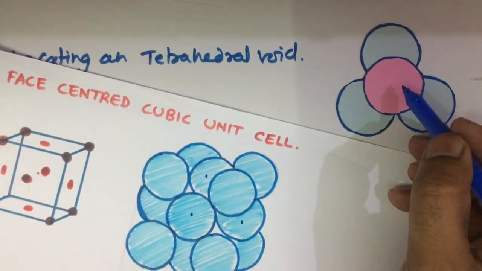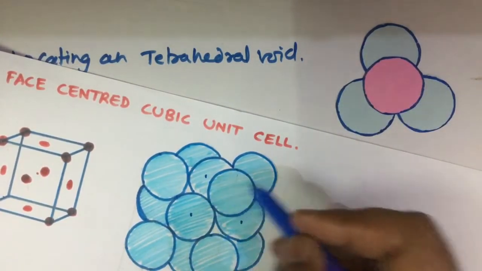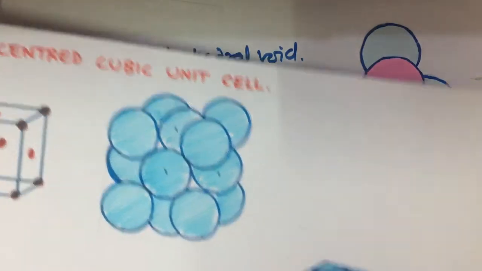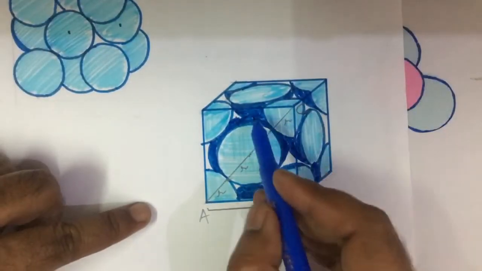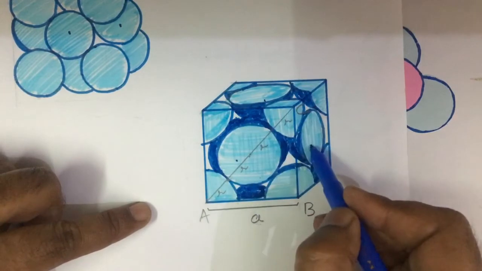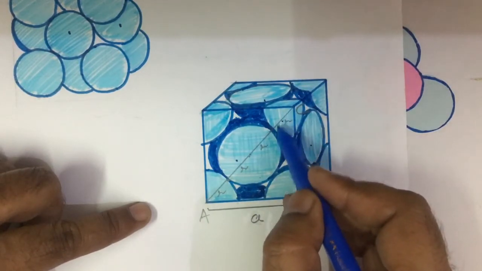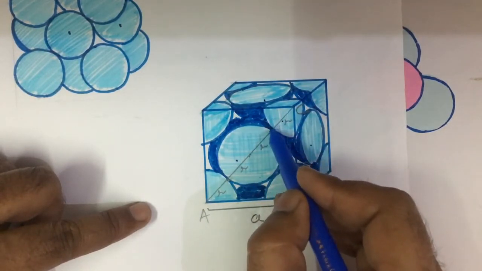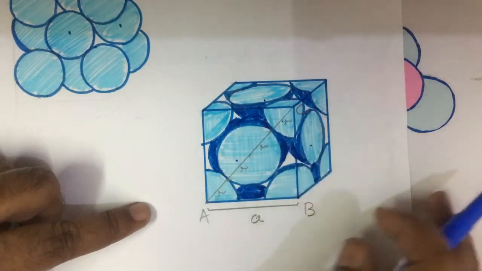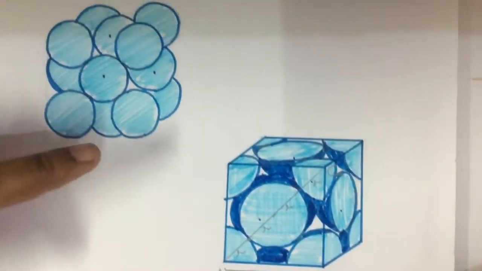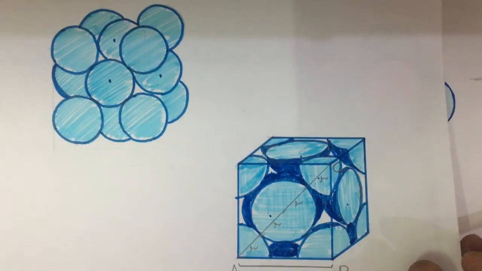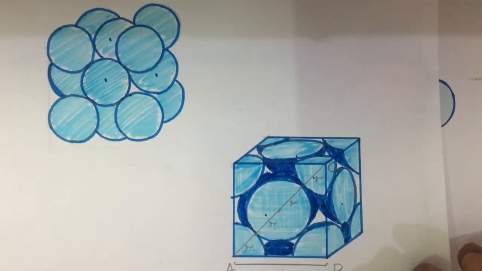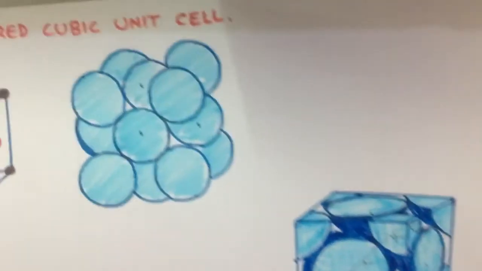So look at this void, tetrahedral void, and look at this corner. At every corner, if you look at this sphere also, 1, 2, 3 and this is 4, there is a tetrahedral void in this corner. So at every corner there is a tetrahedral void, and that void is totally inside the unit cell.